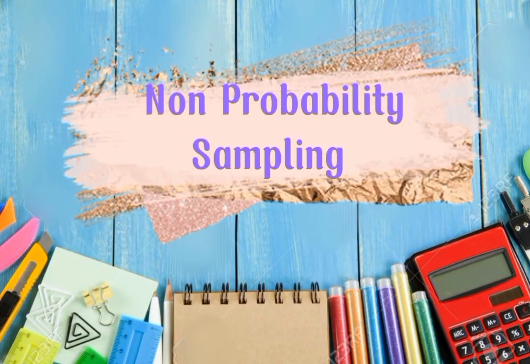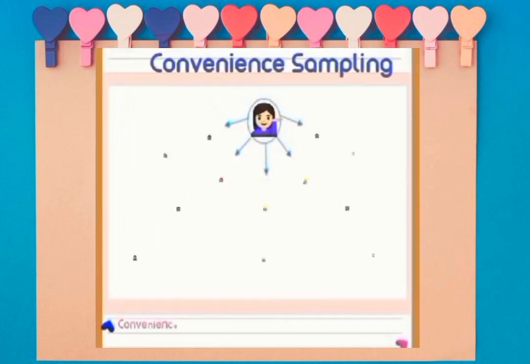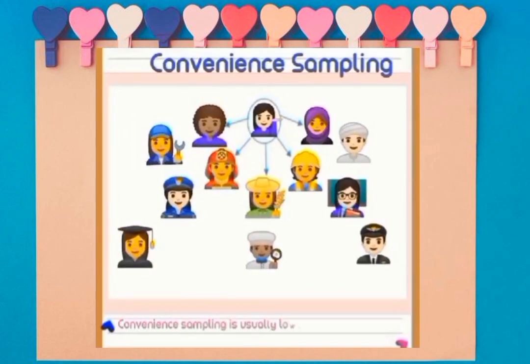Non-probability sampling. Convenience sampling. A convenience sample simply involves using respondents who are accessible to the researcher. It is an easy and inexpensive way to gather initial data. There is no pattern whatsoever in acquiring these respondents, so it produces generalized results.